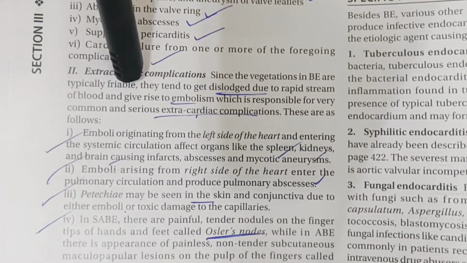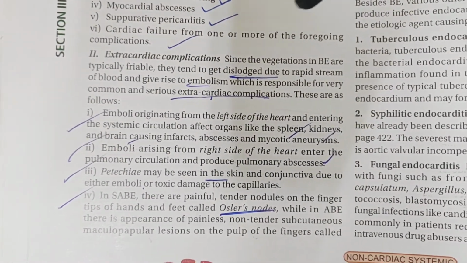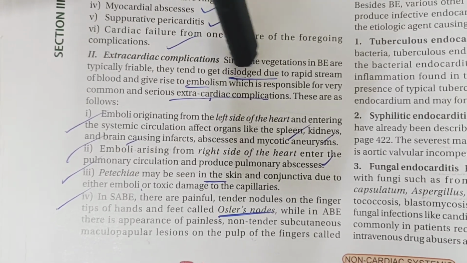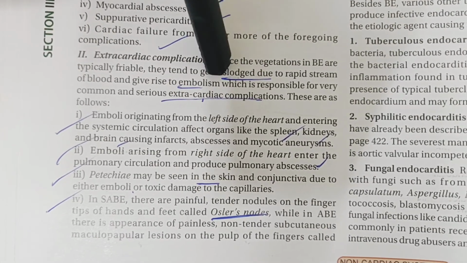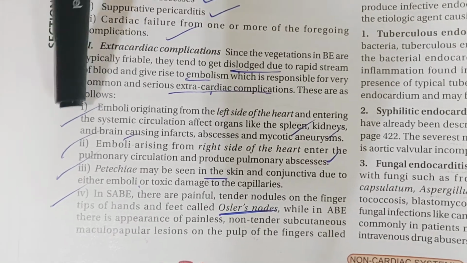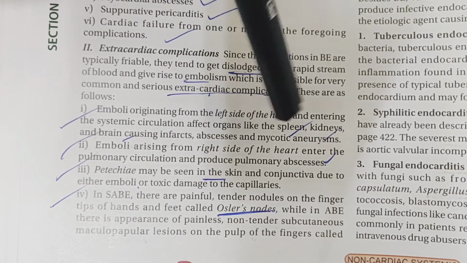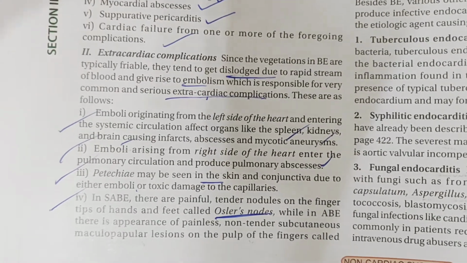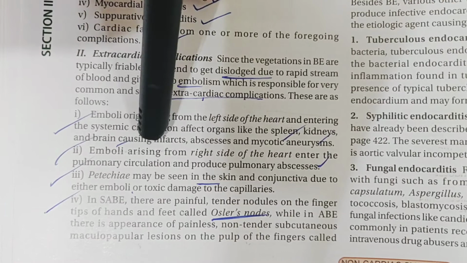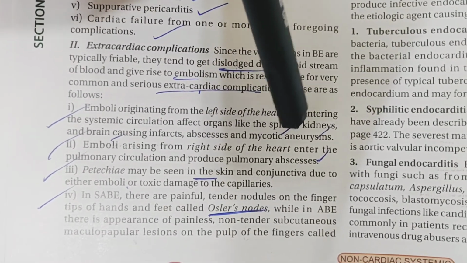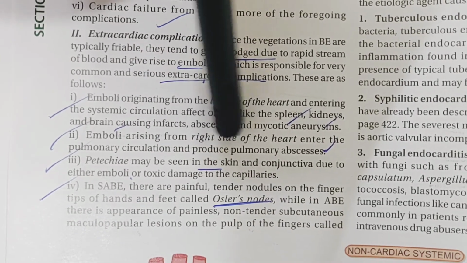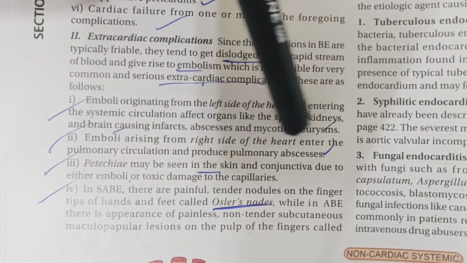And coming to extracardiac manifestations or complications, generally these vegetations are detachable, so they tend to be dislodged, and they give rise to emboli, and extracardiac complications are seen. Emboli originating from the left side of the heart will enter the systemic circulation, like emboli of spleen, kidney, brain causing infarct and abscess, and they can also cause aneurysms.